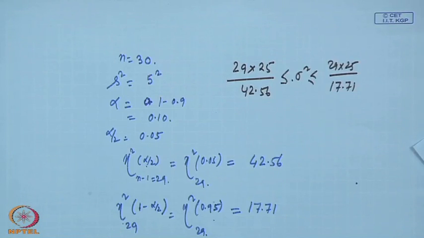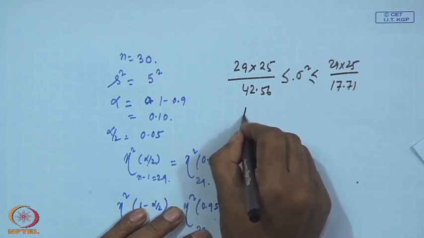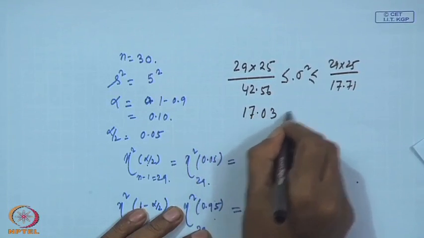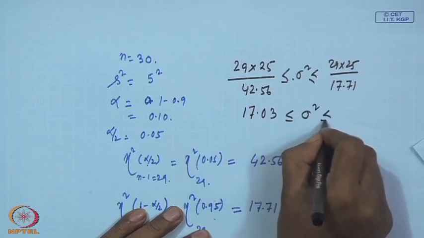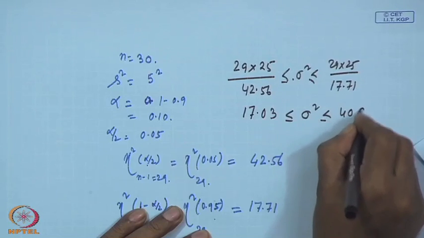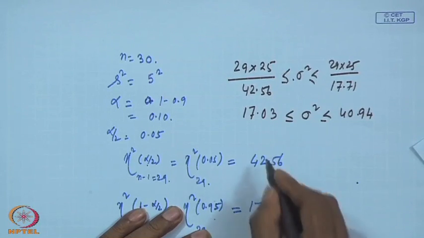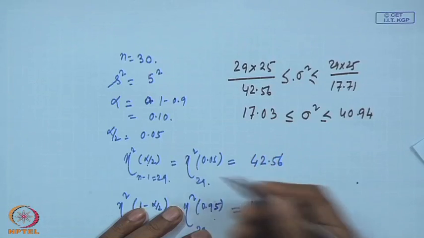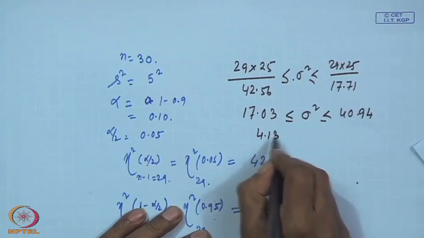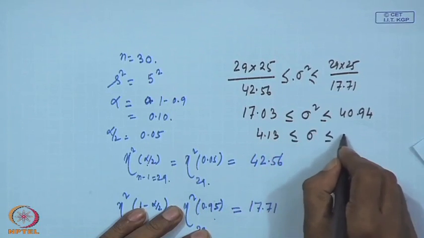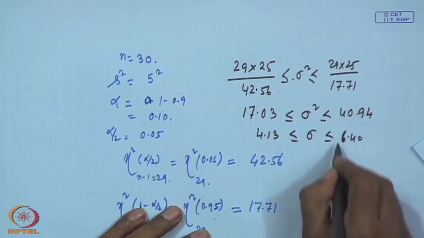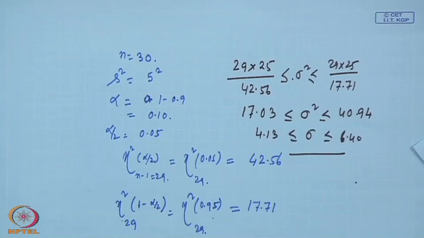Then what is the result? The ultimate result will be like this. You will be getting 17.03 less than or equal to sigma square less than or equal to 40.94. And if you go by sigma, then the square root of this: 4.13 less than or equal to sigma less than or equal to 6.40. That is what interval estimation is.